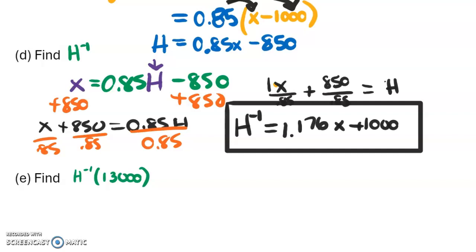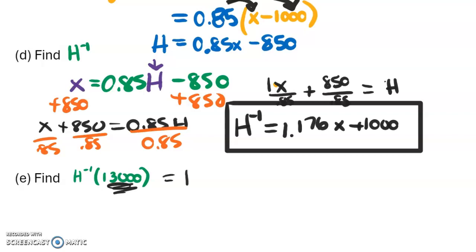So if we find H inverse at 13,000, saying that this is your discounted price, it will produce the original price.